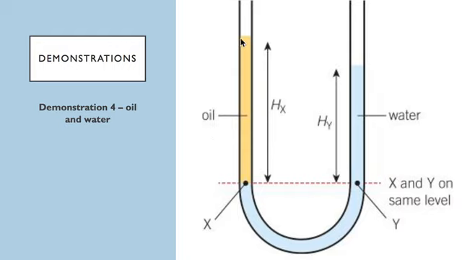And so because it isn't as dense, you need more of it to have the same weight. So we need a larger amount to cause the same weight, which causes the same pressure as we've got here. And so that's why if you have a U-bend filled, some of it with oil, the oil goes to a higher level than the water because it's less dense.